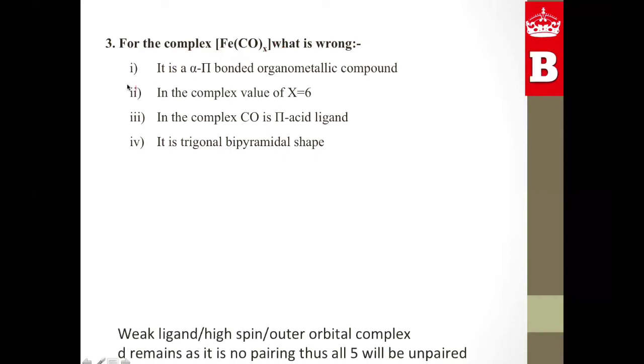Hence option 1 is correct, option 2 is correct, options 3 and 4 can be correct. The only incorrect one is that the value of X is 6. X cannot be 6. For iron carbonyl compounds, X should be 5 only. So pentacarbonyl compounds of iron are possible, hence X should be 5.